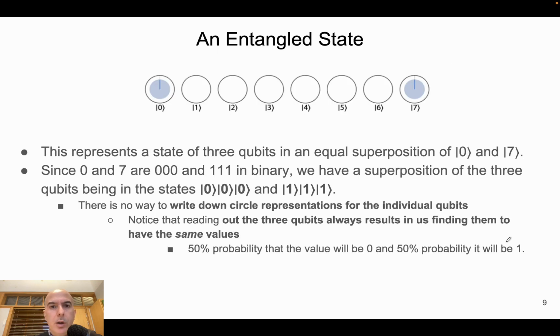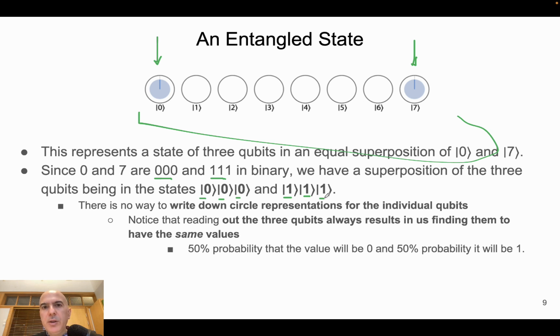An example of an entangled state in circle notation is the following. This represents a state of 3 qubits in equal superposition of the 0 state and the 7th state. Since 0 and 7 are in binary notation 000 and 111, we have a superposition of these 3 qubits being in state 000 and 111.